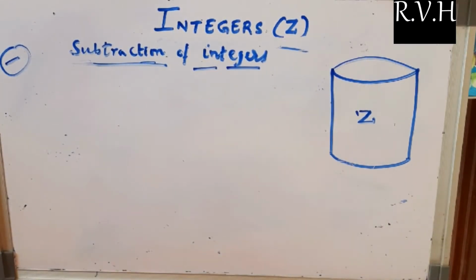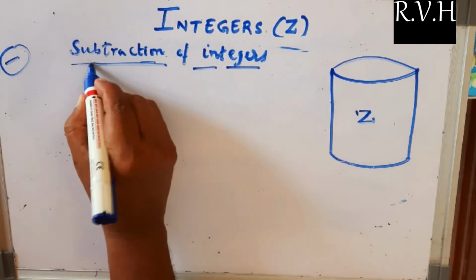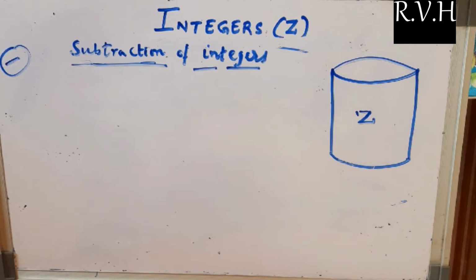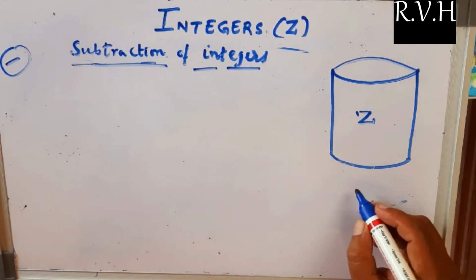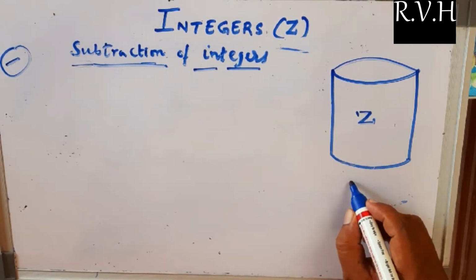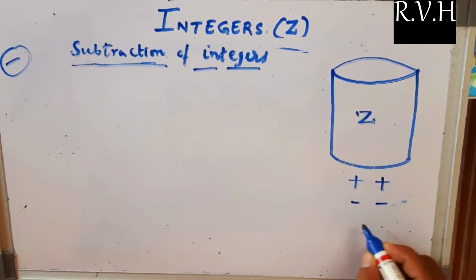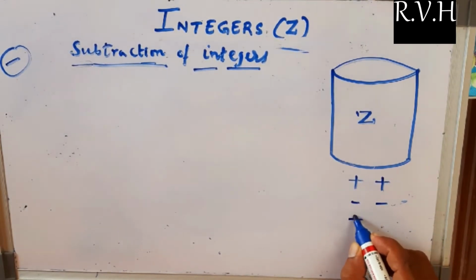As I said, imagine this is a tin of integers containing all those integers 1, 2, 3, 4, 5, 6, 7, 8, 9 and 0, minus 1, minus 2, minus 3, minus 4. From this we are going to extract two numbers. They can be both positive, or both negative, or one positive and the other negative.